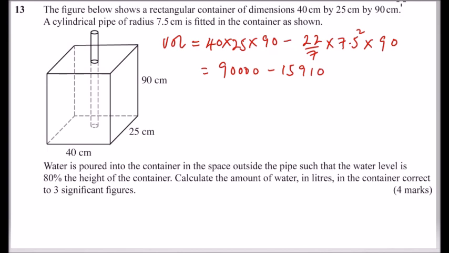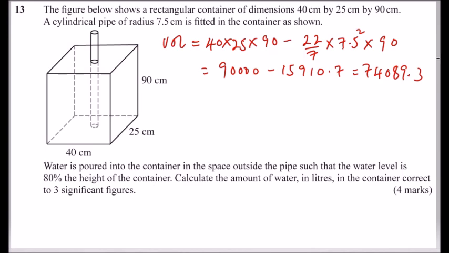We can put one decimal place, and when you subtract that, you get 74,089.3. Now that is the volume of the tank.